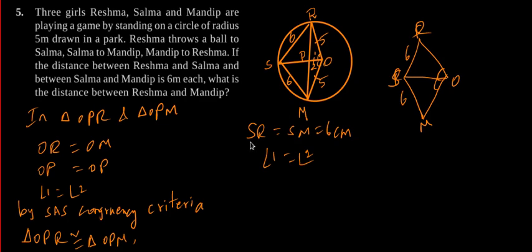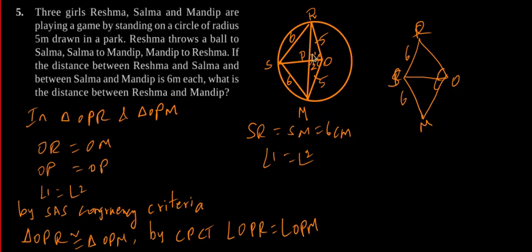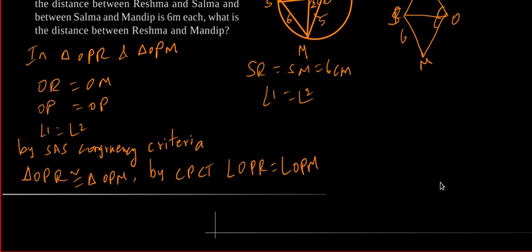So by CPCT, corresponding parts of congruent triangles are equal, we can say angle OPR equal to angle OPM. These two angles are equal, and at the point P these two angles make a linear pair.